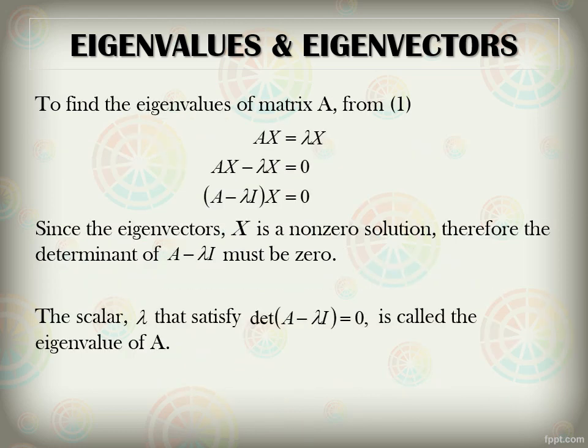Okay, so once we have set our x, which is our eigenvector, to be non-zero, therefore we can solve for A minus lambda I. So from A minus lambda I equal to 0, we can find the lambda by finding the determinant of this.